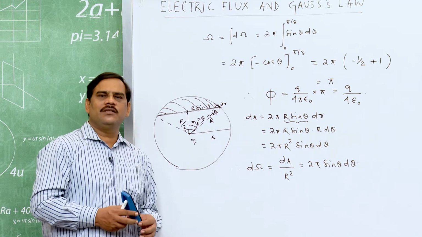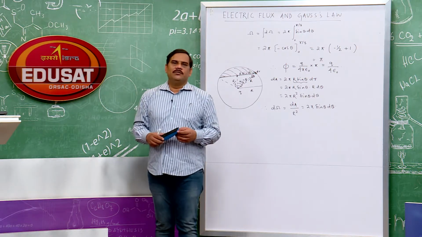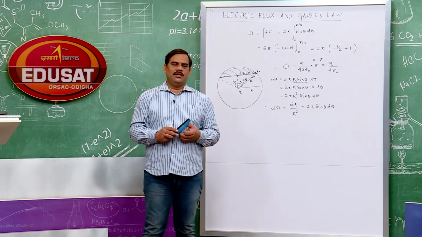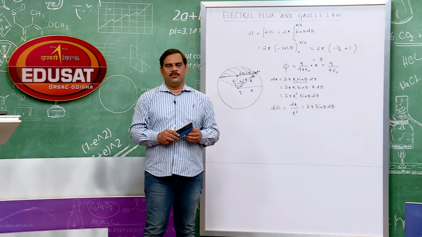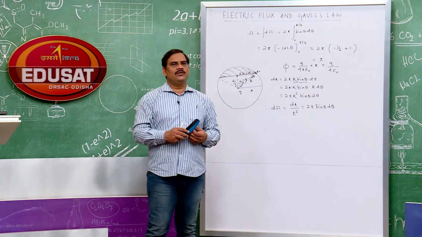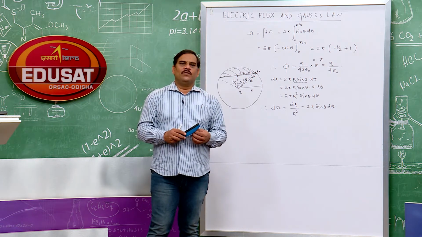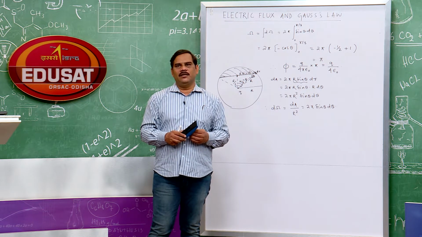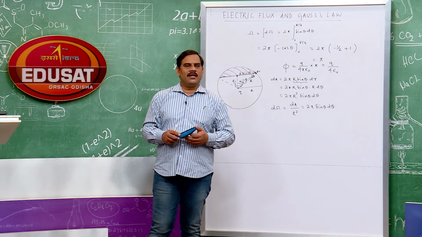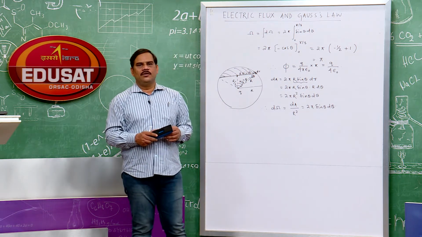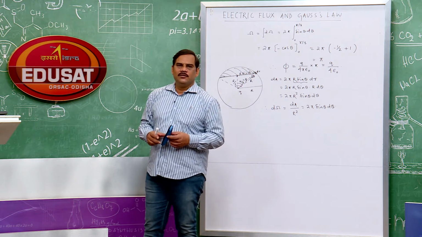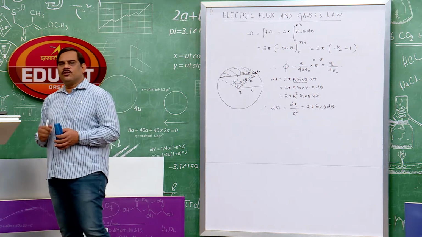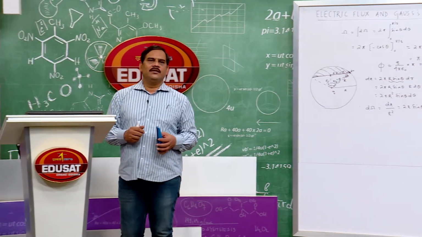Okay. So, this is the way in which we calculate the flux passing through a surface in an electric field due to a charge. Now, let us try to explain what Gauss law is and how it is applied to find the electric field in different situations. It states that the flux of the net electric field through a closed surface equals the net charge enclosed by the surface divided by epsilon naught.